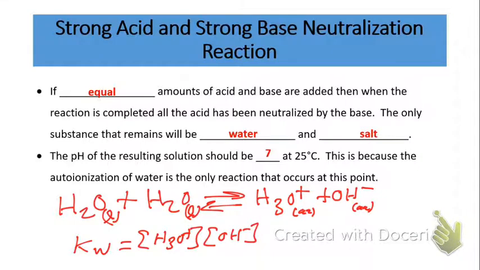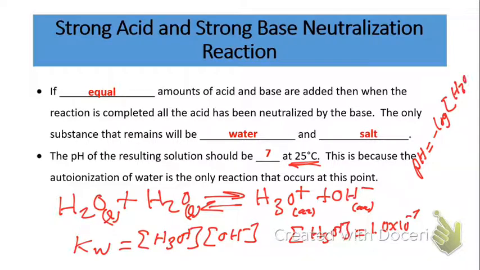Well, the hydronium ion concentration should be 1.0 times 10 to the minus 7 at 25 degrees C. That should be the concentration of the hydronium ion. So we know that the pH is equal to the negative log of the hydronium ion concentration. Therefore, if we plug this into our equation, we should get a pH that's equal to 7.